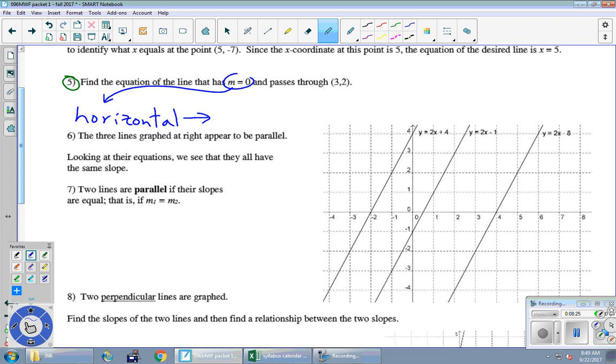Is it x equals a number, or is it y equals a number? It is y equals some number. I'm just going to use the number sign there. That's what it says. And then finally, I just have to figure out what the number is. And I have a single point, and I just have to identify how much the y is at that point. How much is it? 2. That's the equation of the line that we're talking about.